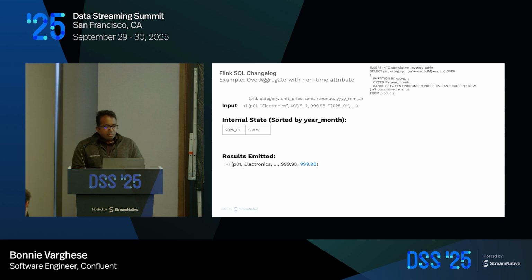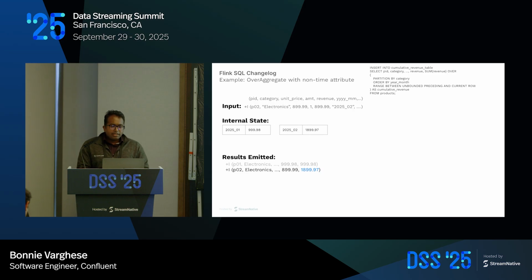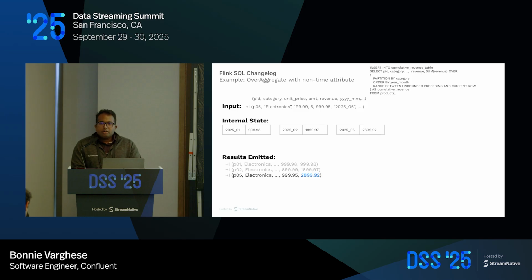So the first record comes in, you add it to the state, and since it's the first record, you emit a +I, that is insert only, and you also emit the computed value, basically calculating the cumulative revenue. The next record comes in, it's added to the state, and a +I is emitted for P02. Similarly, P05 product comes in, you do the same, and finally P06 comes in.